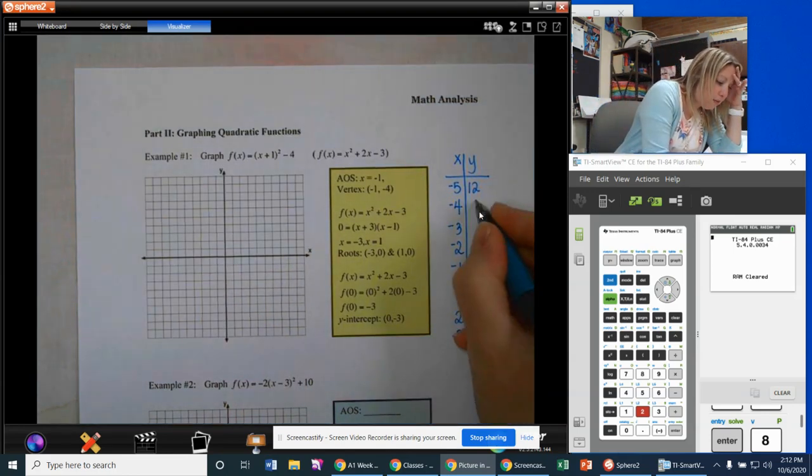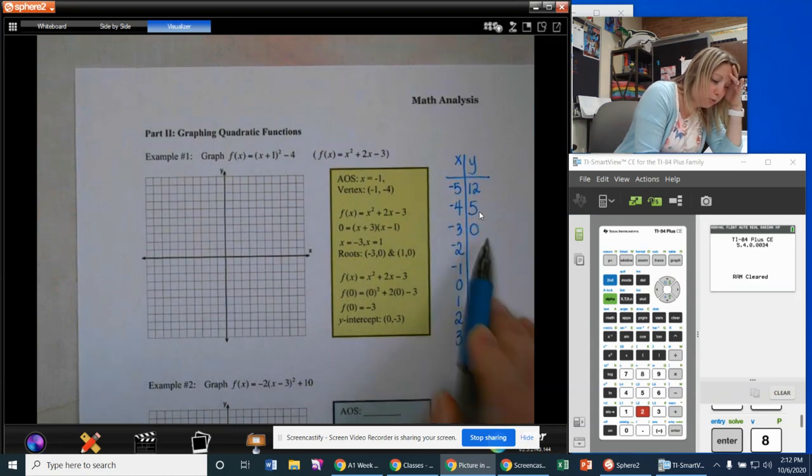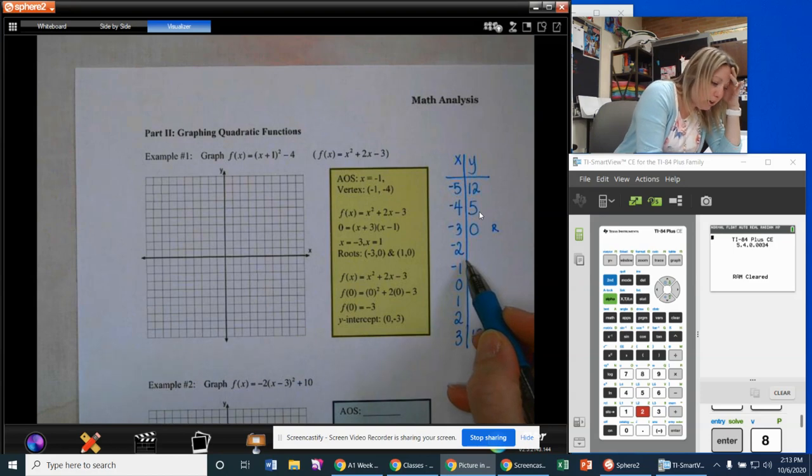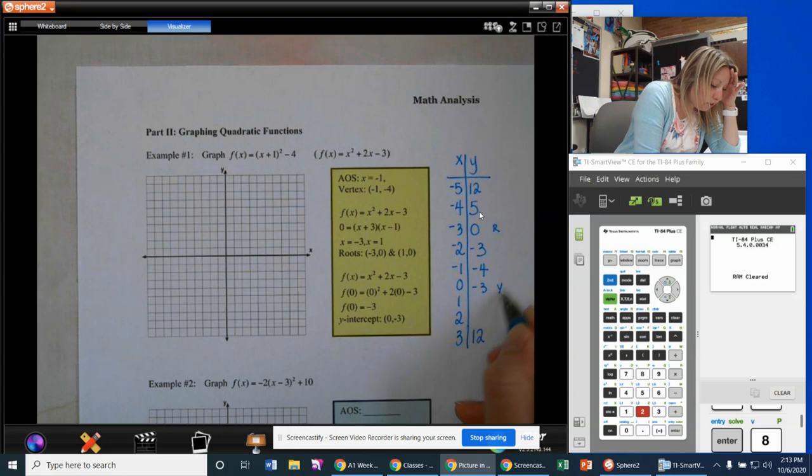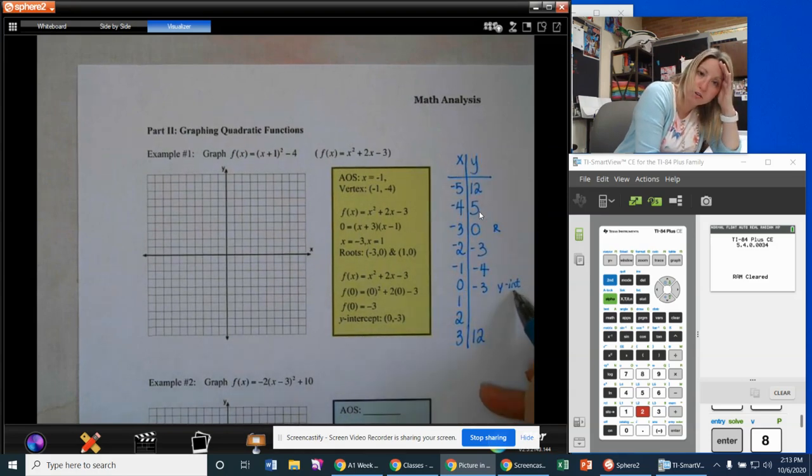So let's see, we've got (-4, 5), (-3, 0), right? There's a root. Mark that. (-2, -3), (-1, -4). Okay, now (0, -3). Well, that's the y-intercept because the x value is 0, so that's the y-intercept.